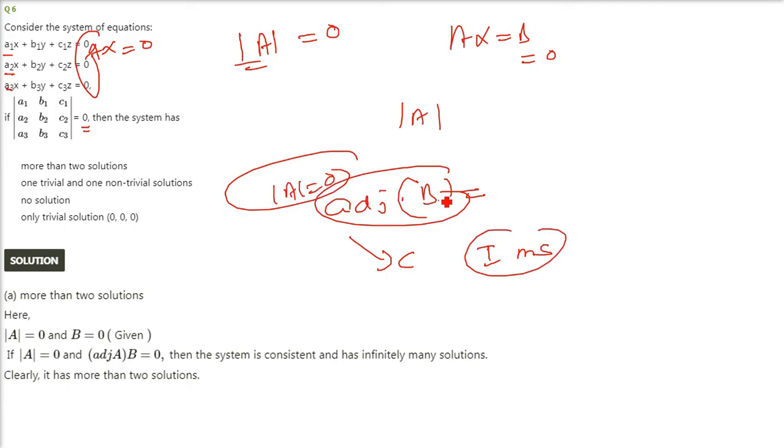So you have to know when determinant of A is 0 or not 0, and then adjoint of A into B is 0 or not 0. All these cases we have discussed in a stretch in the previous discussion. This is MCQ, simple MCQ. So it will not take that much time. There will simply be all these scenarios which you have to see.